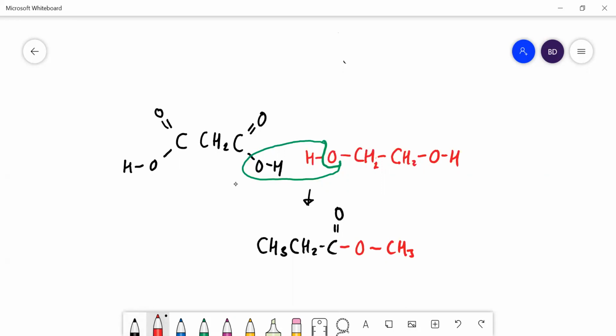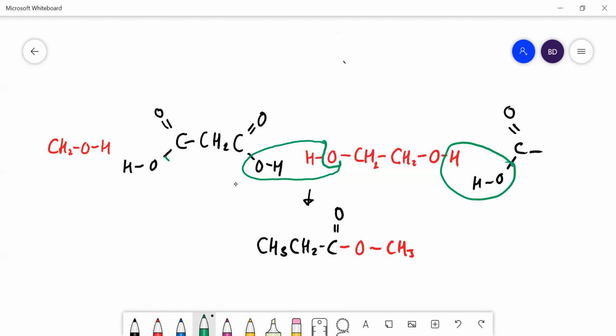Right, and then we could have another one of these here. Okay, we can have another carboxylic acid on this end here. Okay, and then if we just see what's going to happen there, so we're going to lose water here as well, and lose water there, and you can see we're going to start forming a polymer which could carry on forever.